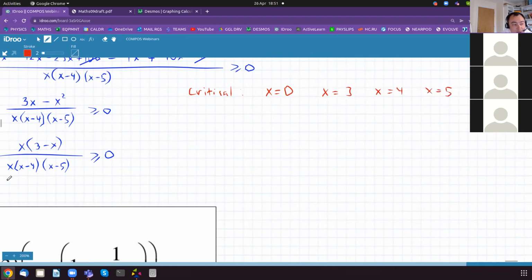Now, x occurs twice, okay? We say it is a root of multiplicity 2. What happens? That means, well, x over x is always positive. If x over x exists, it's always positive.